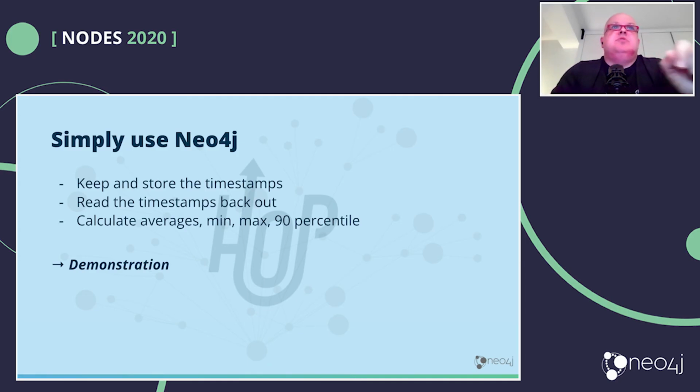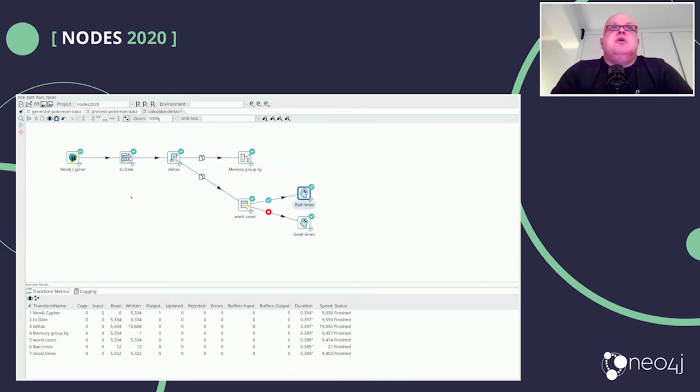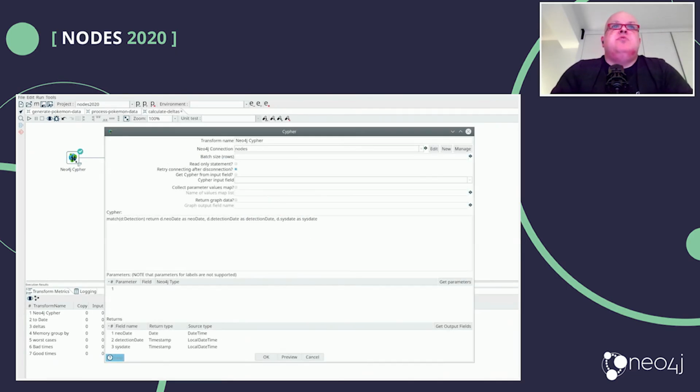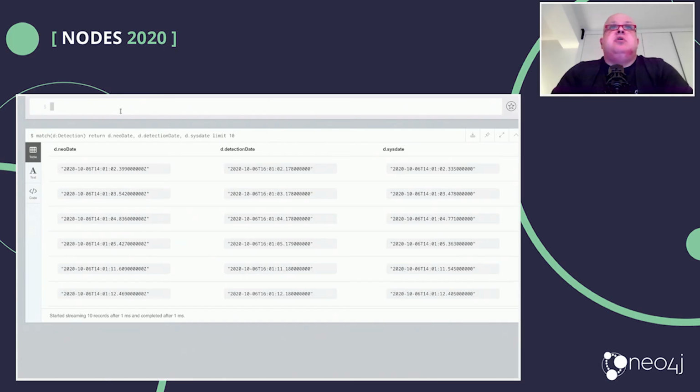All right, let's go back to our simple transformation, our simple transform for Cypher. Basically what we're doing here is saying, okay, give me a list of all the detections, return the Neo4j date. We can also take a quick look at the data model. Return D limit 10 maybe.